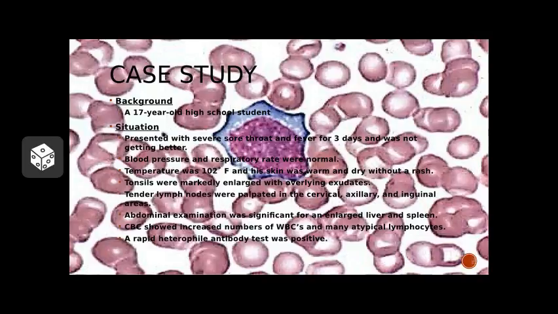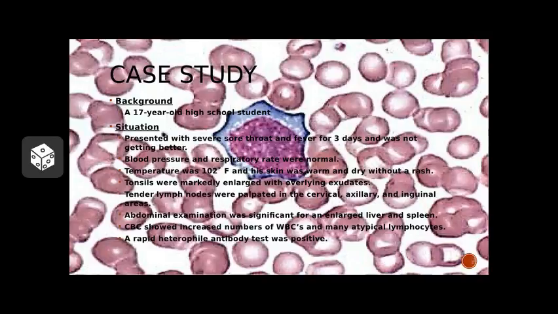The B lymphocytes also become atypically large, as we see in our patient's lymphocytes. T cells and natural killer cells respond to this invasion of the Epstein-Barr virus through the cellular-mediated immune response, causing all of the symptoms that are typically present with mononucleosis.